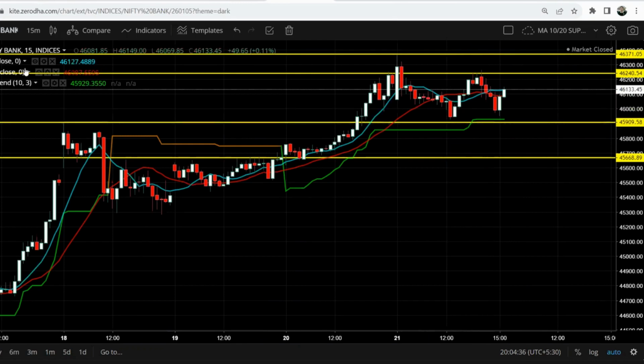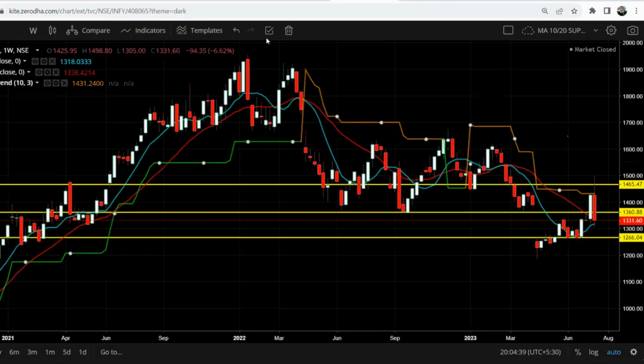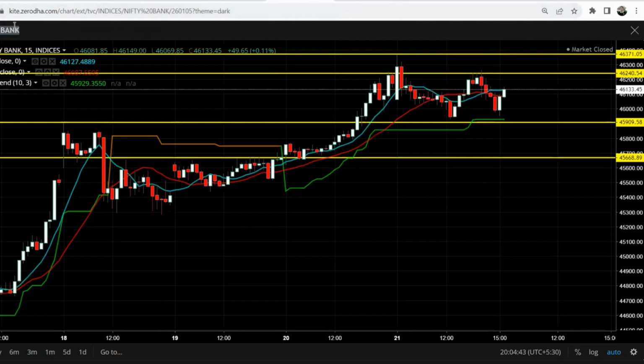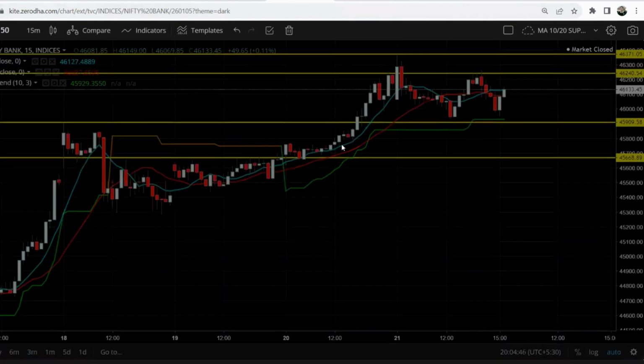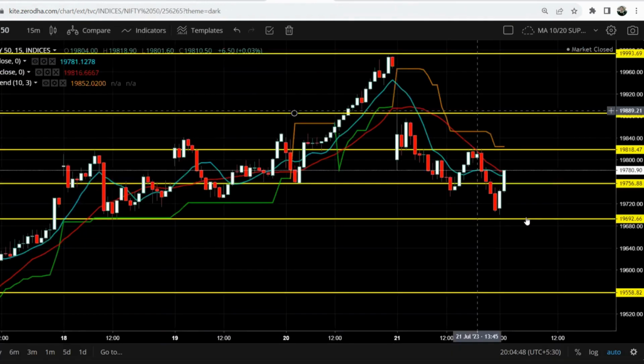Now moving towards the Nifty 50 chart. So this is Nifty 50. You can see that the support here is close to around 19,690. 19,690 is the support, and resistance would be close to around 19,818.